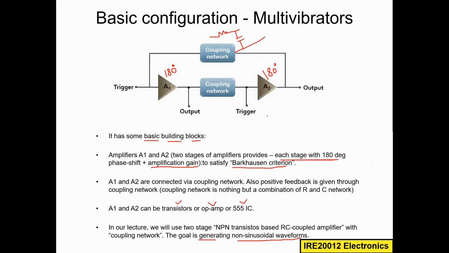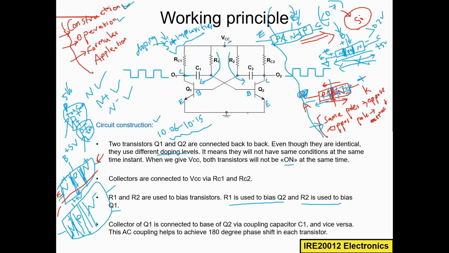I took quite some time to explain this, but for the rest of the multivibrators, we can move faster because now you have some basic idea about the operation of the transistors and how you can make them short circuit or open circuit. Based on the short circuit or open circuit, the collector voltage will be there. If it's short circuited, the collector voltage will go down to the ground. If it's open circuited, the collector voltage will get accumulated. So it can be logic 1 or logic 0.